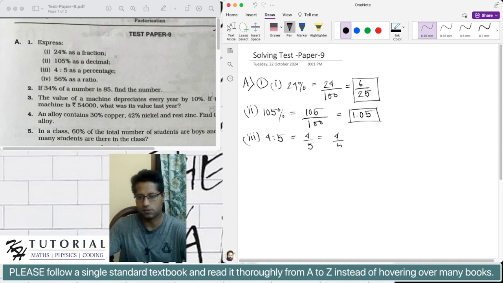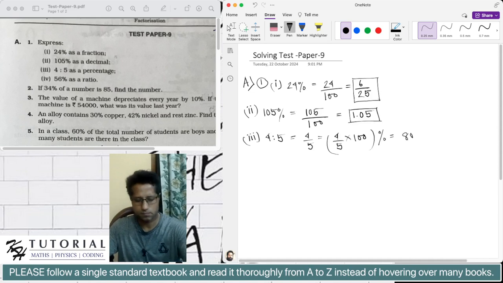So 4 by 5 when expressed as a percentage will be 4 by 5 multiplied by 100 percent. This is equal to 80%.